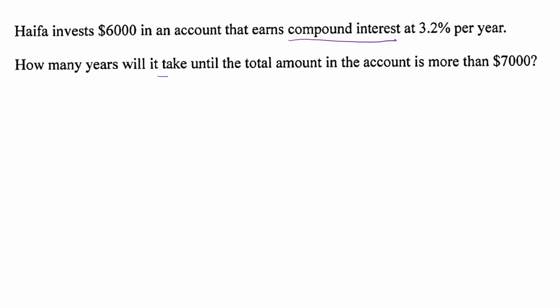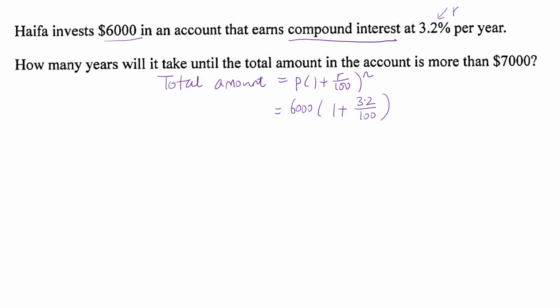And the formula we'll be using is this: total amount equals P bracket 1 plus r over 100 to the power of n. P represents the principal sum here, which is 6,000. R represents the rate, which is 3.2, to the power of n.